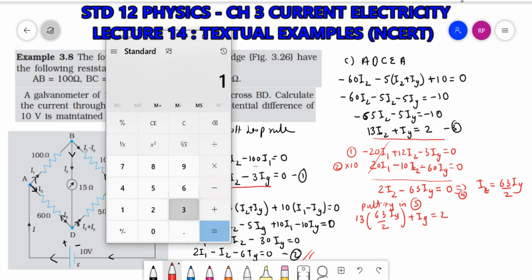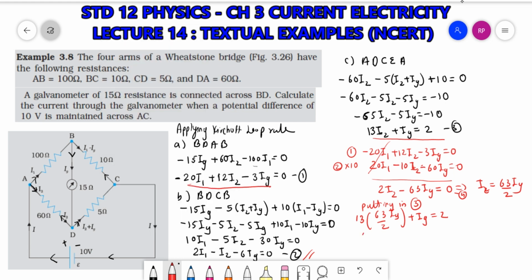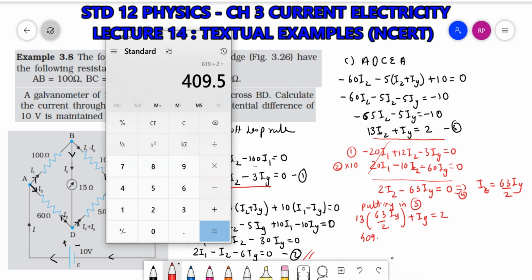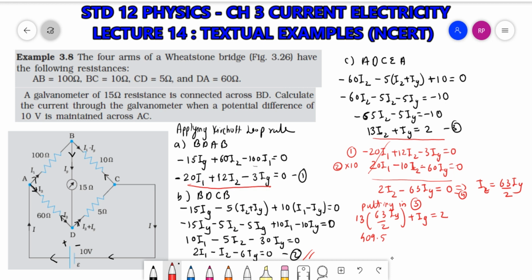So 13 into 63 divided by 2, it's 409.5 IG plus IG equal to 2. So 410.5 IG equal to 2.